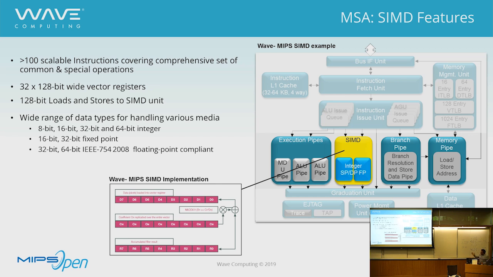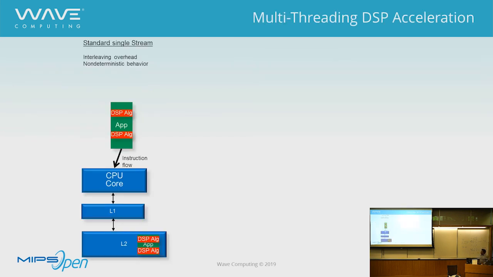So SIMD is quite useful for many applications. I'm going to go through showing you how the SIMD operates, and also in the context of multi-threading. Not all of you are going to design a product that has SIMD, virtualization, and multi-threading.